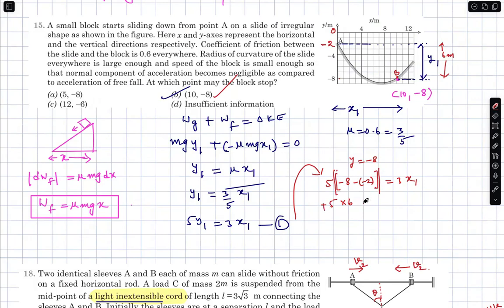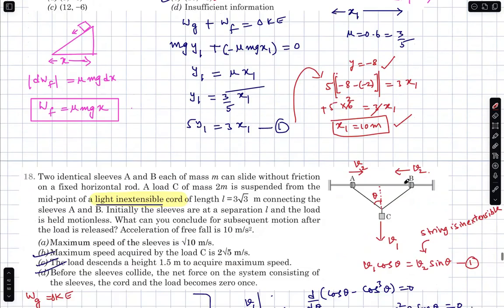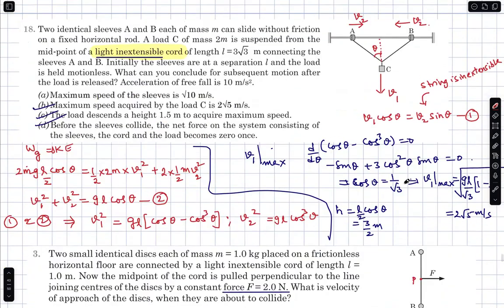This is 5 into 6, 3x1. 2 times. x1 is equal to 10 meters. If I substitute y is equal to -8, I got x as 10 meters. So what is the point? 10 comma -8. That's all.